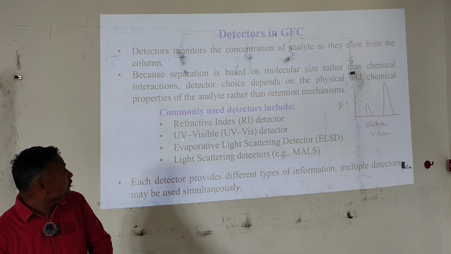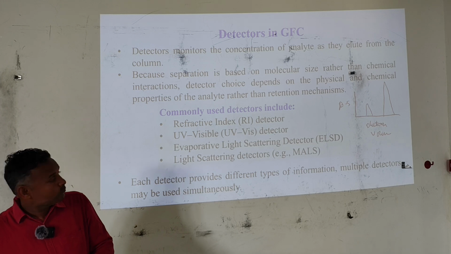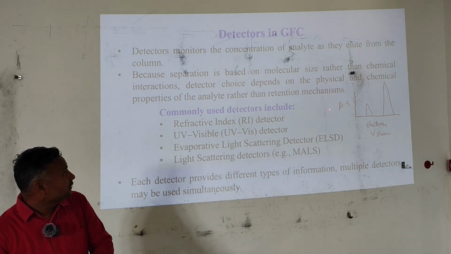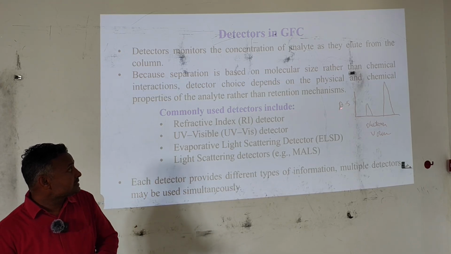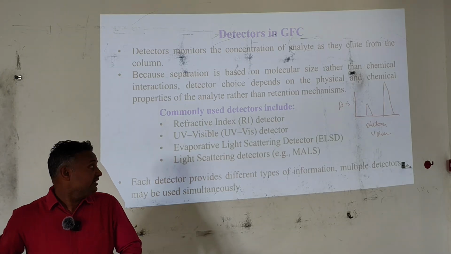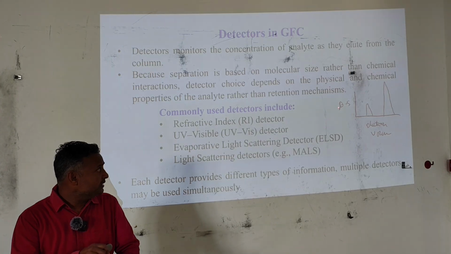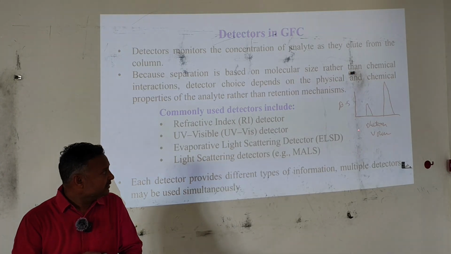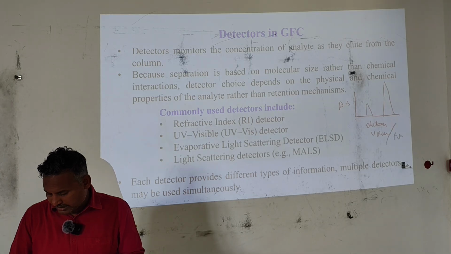If you are using a UV visible detector, the detector signal will be absorbance. If this is an evaporative light scattering detector, that means scattered radiation intensity. So like this we have different detector signals. That's why I wrote DS. DS means detector signal. This is elution volume or elution time.